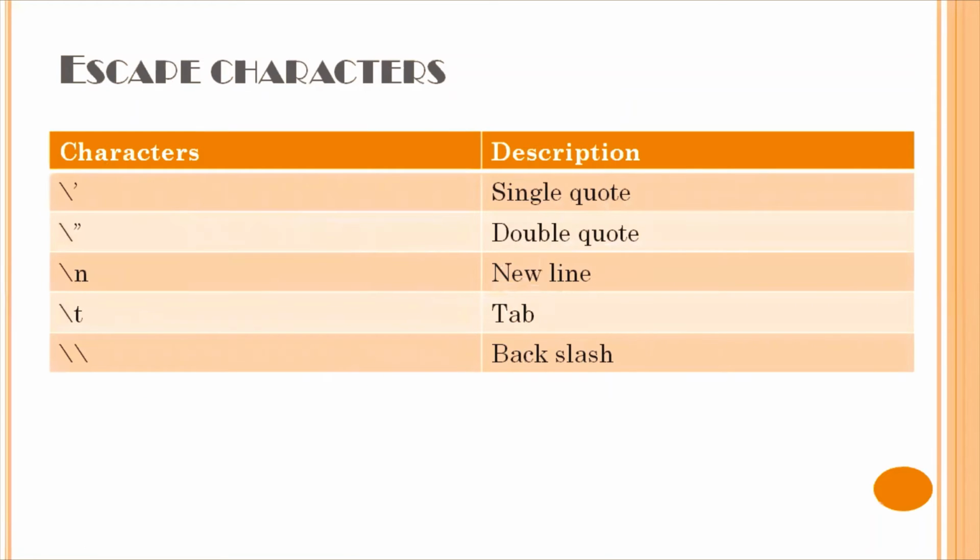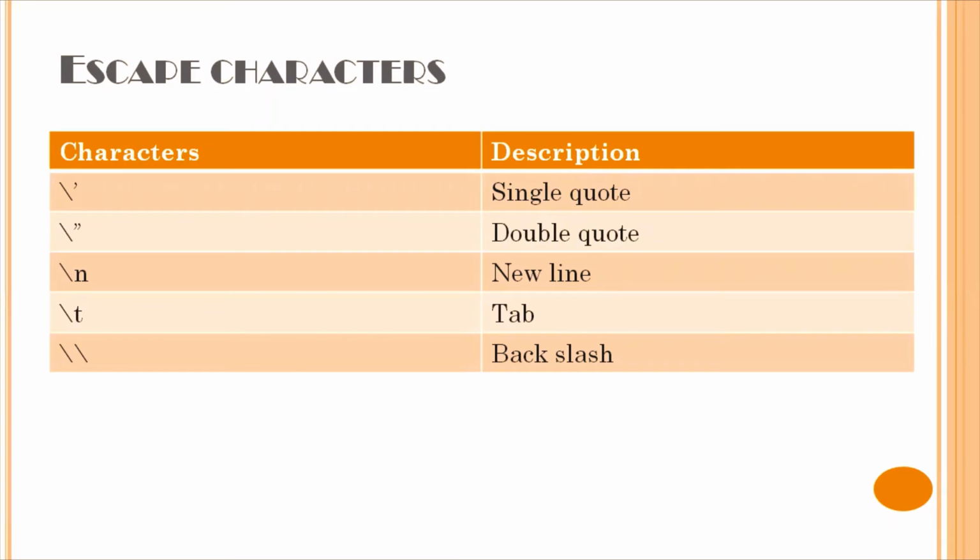The next is escape sequences. So what are escape sequences in the Python programming language? Escape sequences are special characters that allow us to format the output. And remember, an escape sequence in Python always starts with a backward slash followed by a special character, that is the escape character.